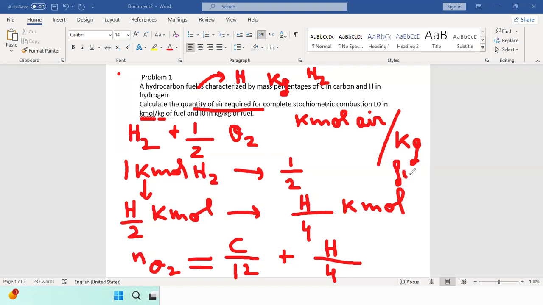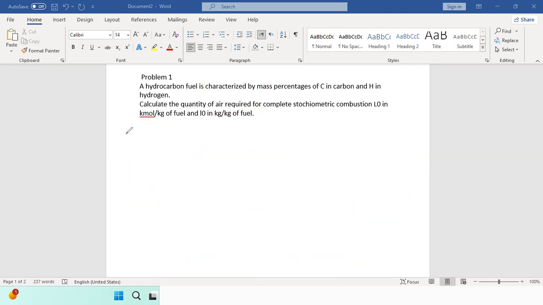Okay, we know that for O2, we can talk about percentage in volume and we can talk about percentage in mass. Okay, so first, if you are interested to find L0, which is defined as the number of kilomole of air per kilogram of fuel, you need to quantify air in kilomole.